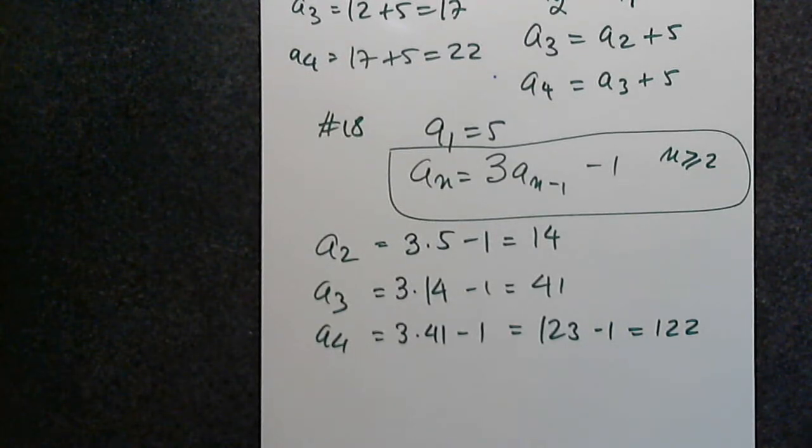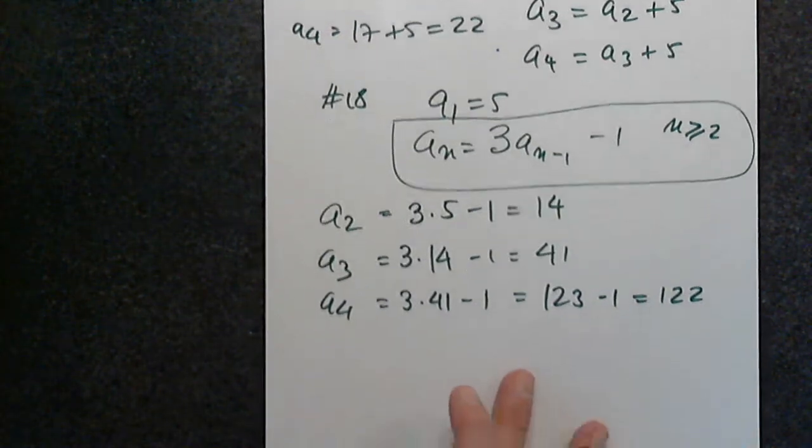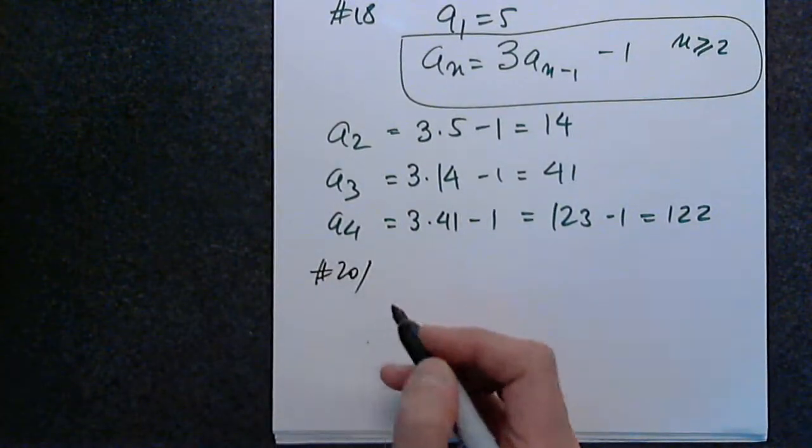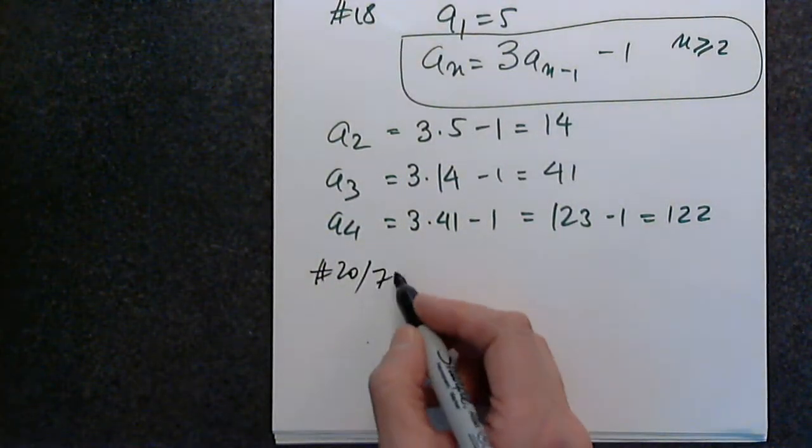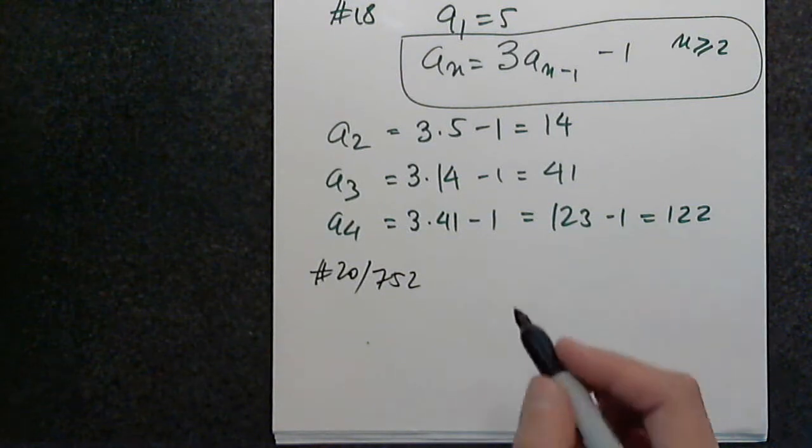Okay, so the next set of problems, 19 through 22. The general term of a sequence is given and involves a factorial. Write the first 4 terms of each sequence. So this is problem 20 on the same page, 752. And here is the general term.